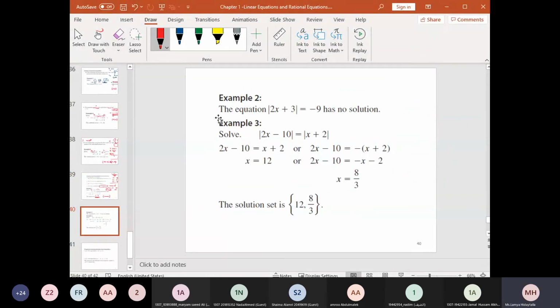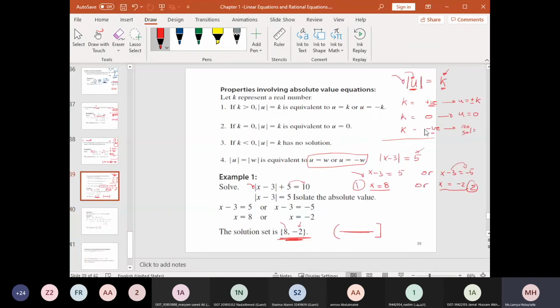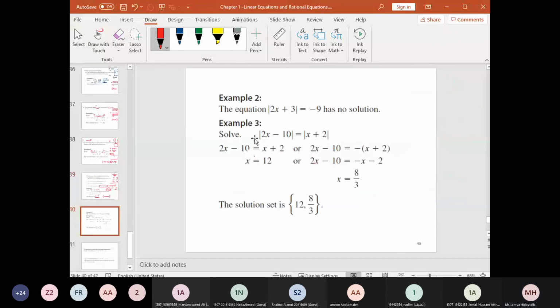Now also the equation 2x plus 3 is equal to minus 9. If we want to solve it, what we said: k is negative, then no solution. K is negative, so no solution, correct? So no solution. What about this one? 2x minus 10 is equal to... this is a positive quantity, so I am going to consider two cases, correct?